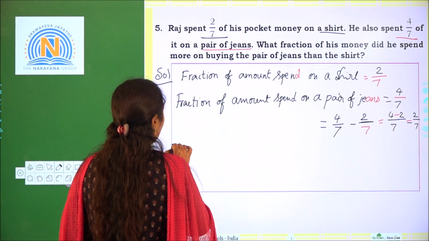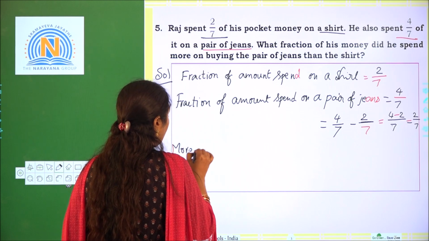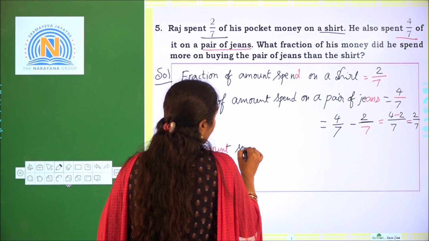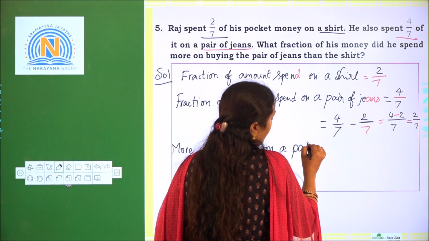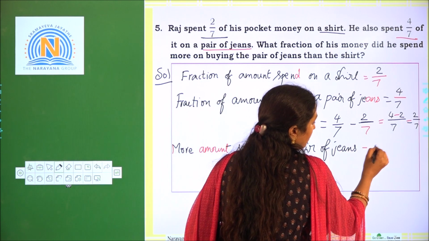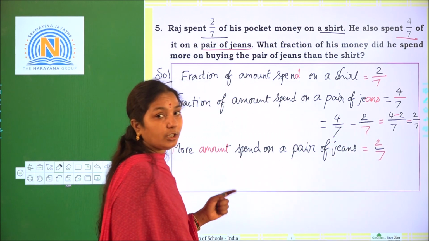So the more amount spent on a pair of jeans is 2 by 7. Got it, children?